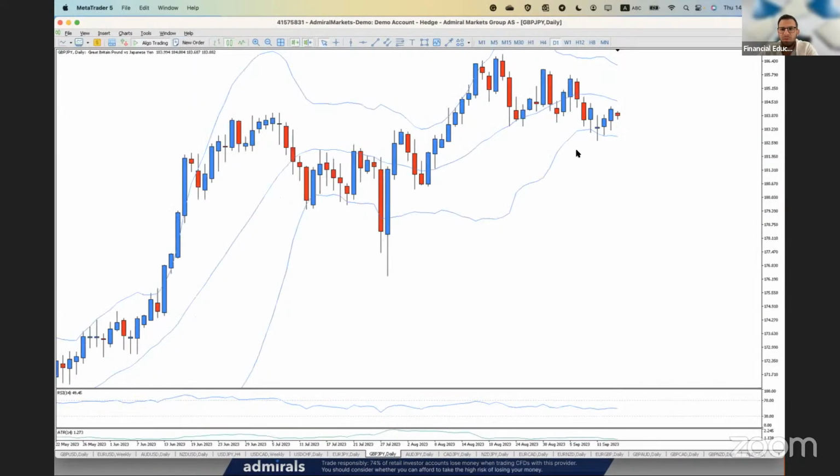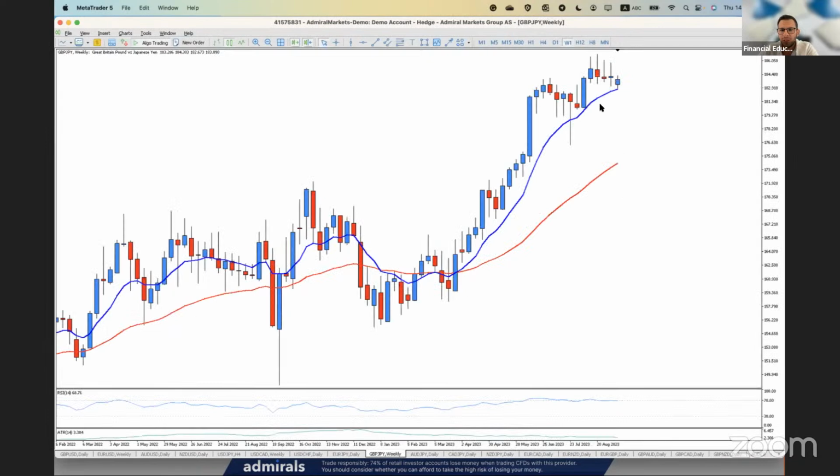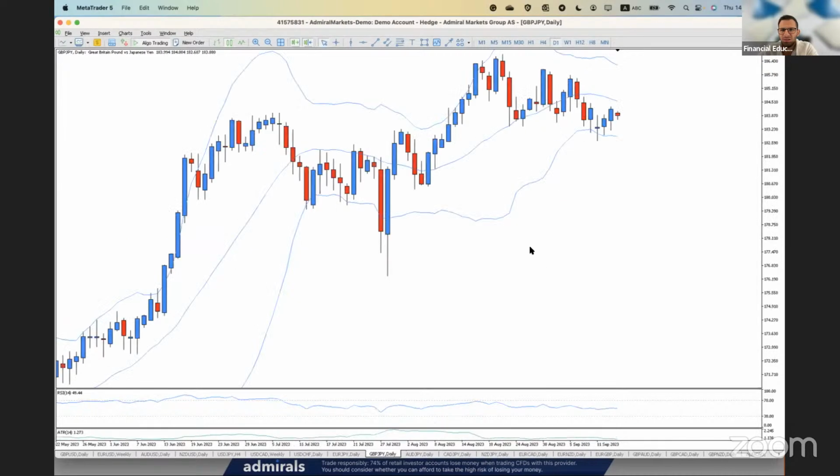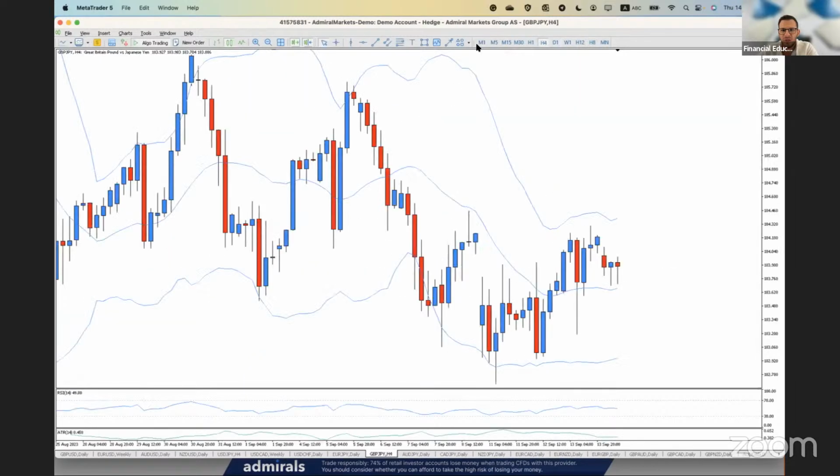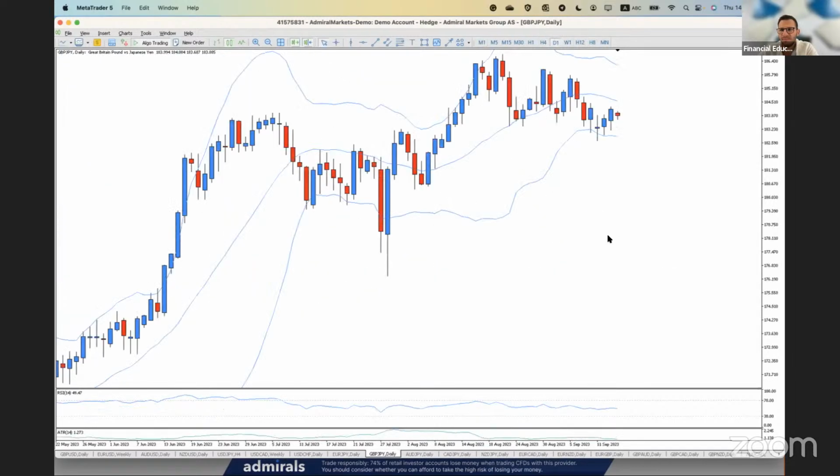And Pound JPY weekly chart, again, it's not there. Mainly these markets, for our chart, nothing. I can't see anything interesting on these charts.